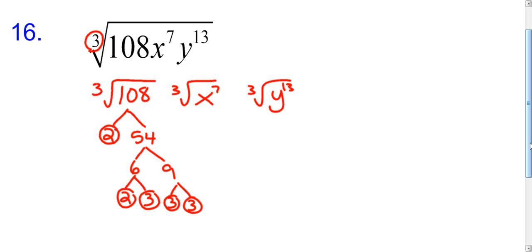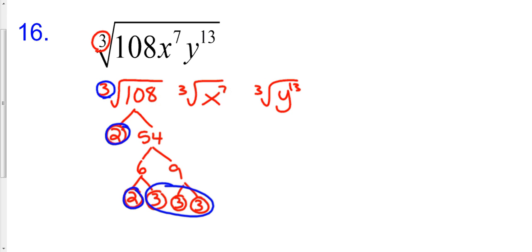Okay. And then if you remember the story about the scary neighborhood, the house that's in the scary neighborhood and you can't go out unless you have a buddy, well, here we have a 3. And since this is a cube root now, you can't leave the house unless you're in groups of 3. So this group of 3 3s can leave the house or go outside the radical, but the 2 2s both have to stay inside because they don't have a third person to go out into this neighborhood and get outside the radical.